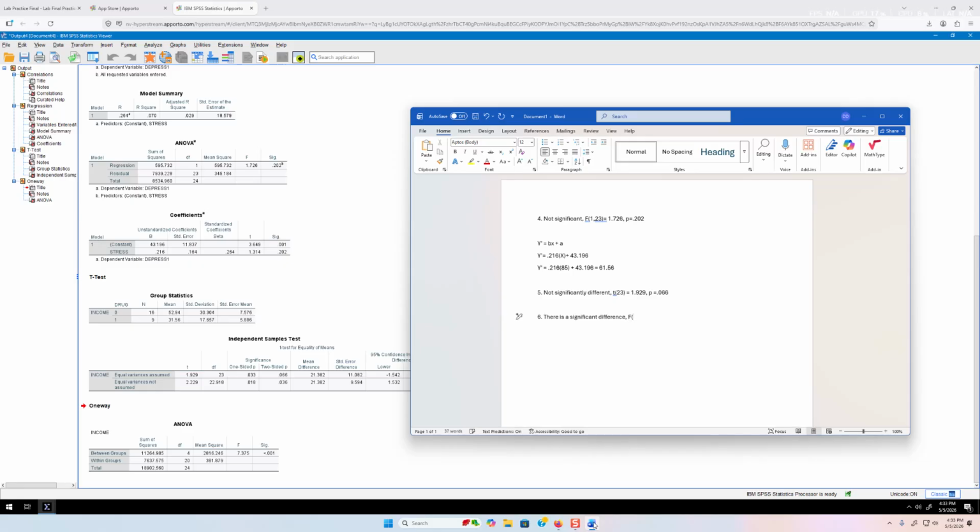Our F, with 420 degrees of freedom between and within, is equal to 7.375, and our p-value is less than 0.001, so that's less than 0.05, so it's significant. Once this is significant, we can do post hoc tests.